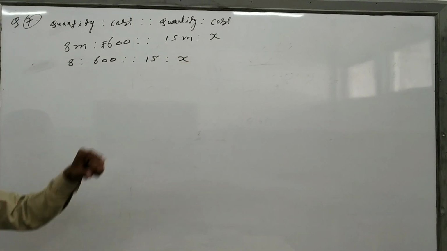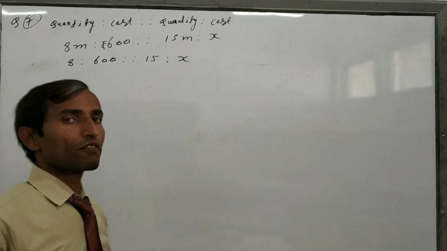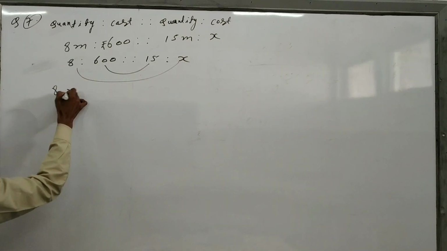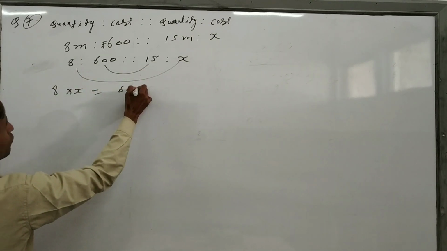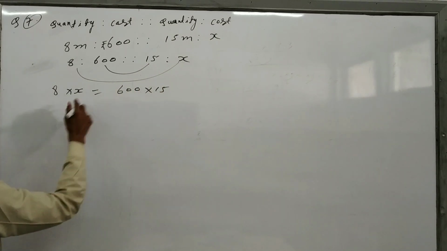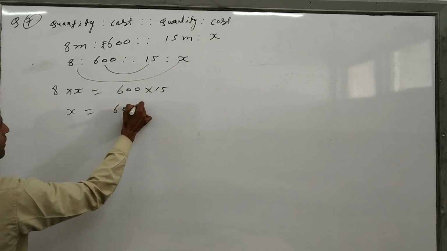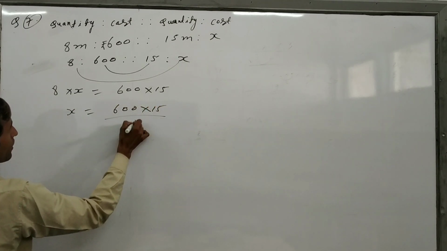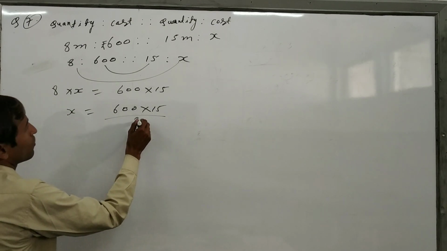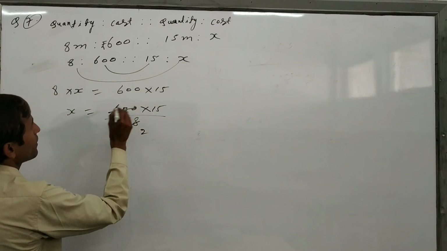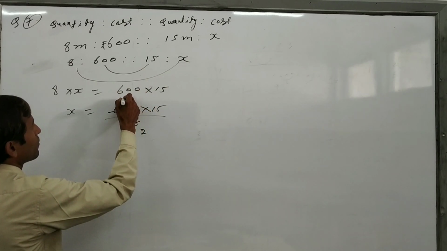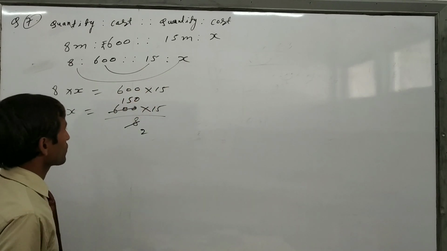So apply here product of mean terms is equal to product of extreme terms. So 8 into x is equal to 600 into 15. This 8 will divide here. So x is equal to 600 into 15 upon 8. Now cancel out by 4. So 2 fours are 8, and 600 by 4 is 150.